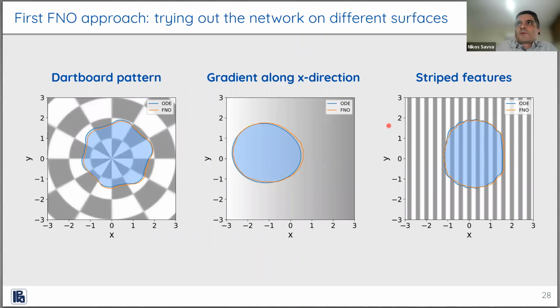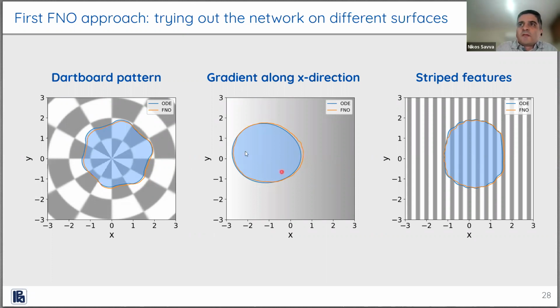If we try the network that we trained on different surfaces, we see that it performs okay for different patterns. This is a dartboard pattern. We see that it can capture accurately enough the contact line dynamics, although we see that the curves are not as smooth as the solution.